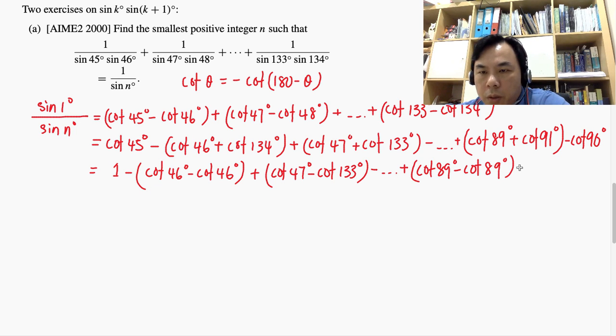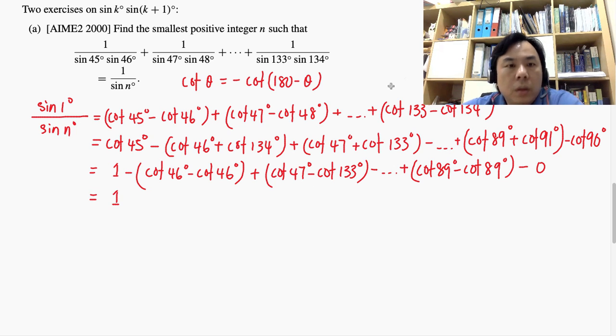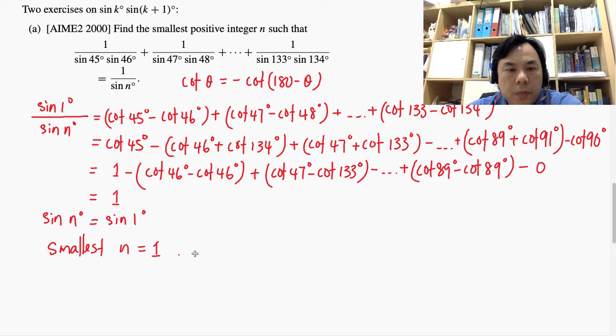And then by the way, this cotangent 90 is actually equal to 0. So therefore the whole result will only end up with a 1 here. Therefore we can conclude that sine n is actually equal to sine 1 degree. Therefore the smallest n is equal to 1 here. Alright, so I hope that is clear for the first question.